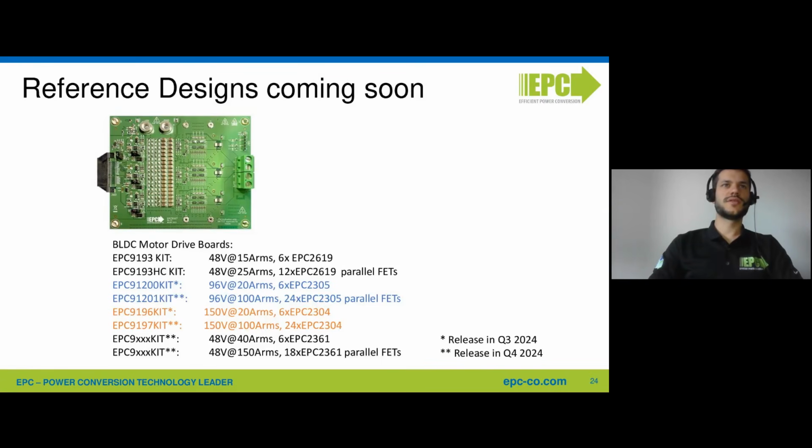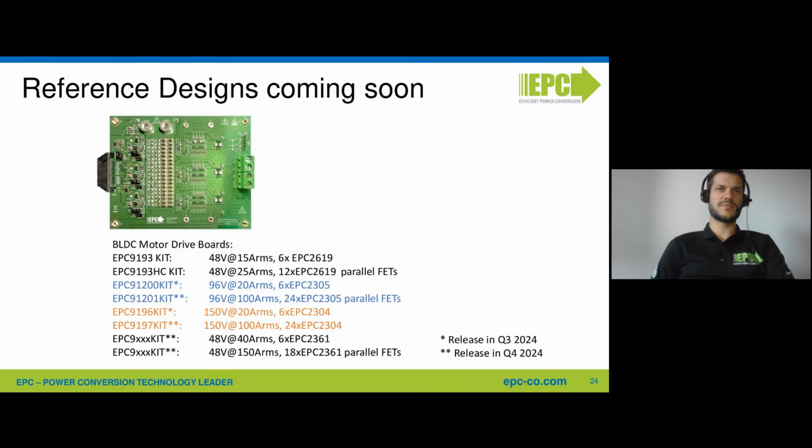So in the future, we have just released a couple of new boards. For those interested in 150 and 200 volt rated devices, there are new boards coming featuring EPC 2305, both in the single version and in the parallel version, and EPC 2304, which is a 200 volt rated device meant for 150 volt battery applications.